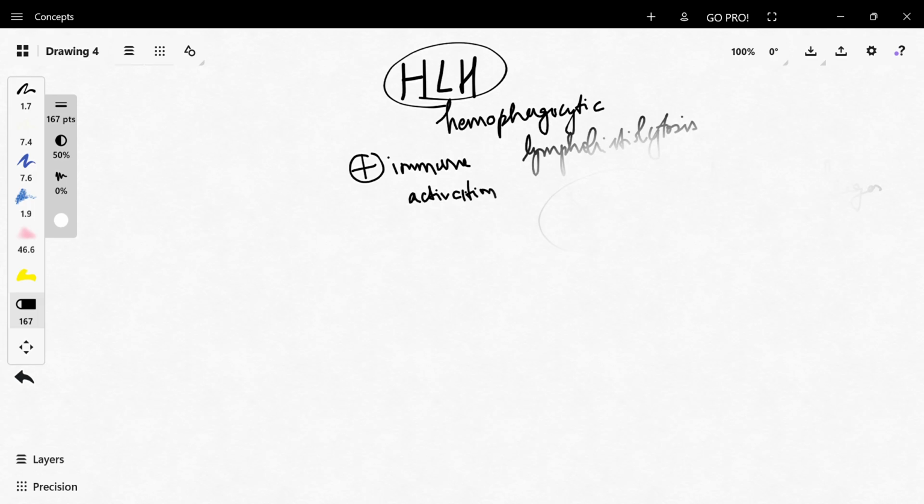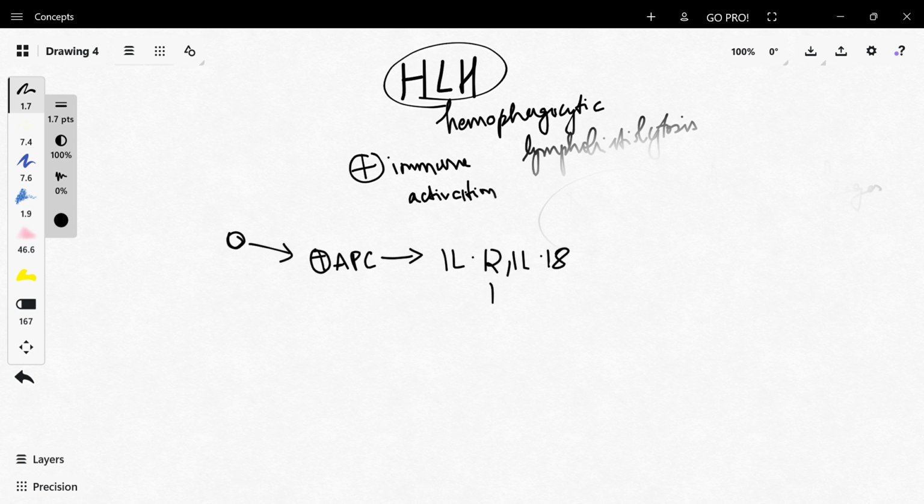So let's get started. Let us say there is an antigenic stimulus that activates an antigen presenting cell, and this releases IL-12 and IL-18. Okay, and these activate your CD8 cells, like cytotoxic T lymphocytes, and your NK cells.